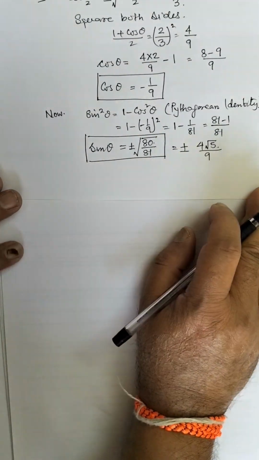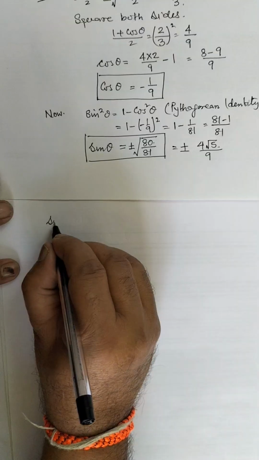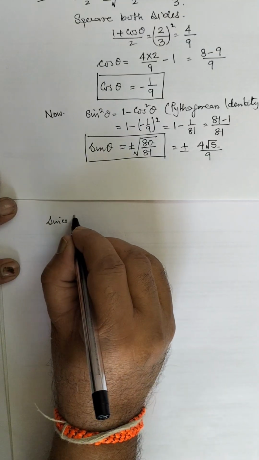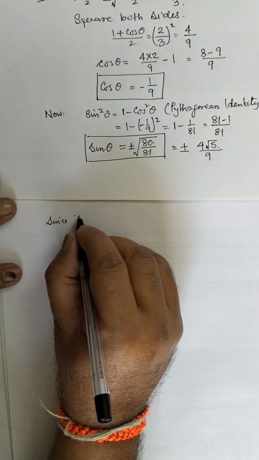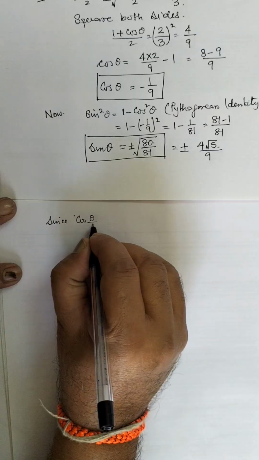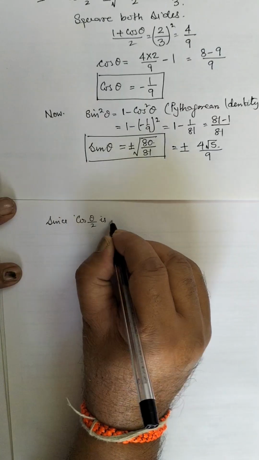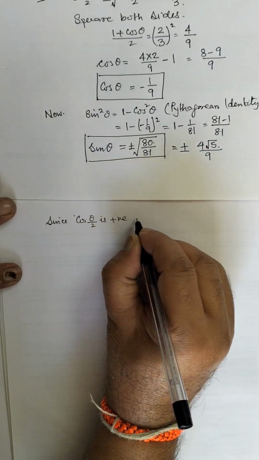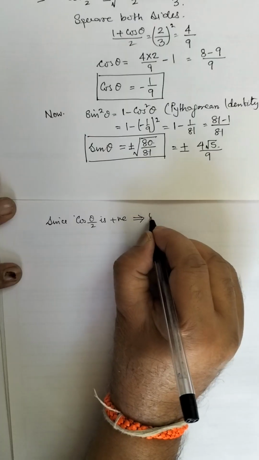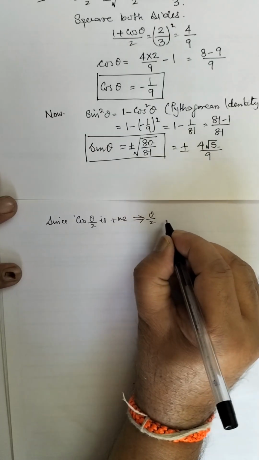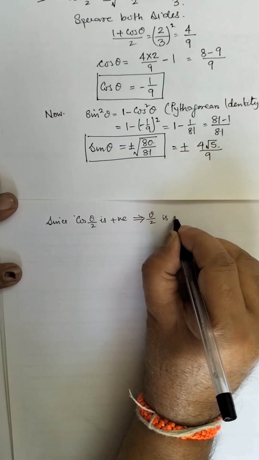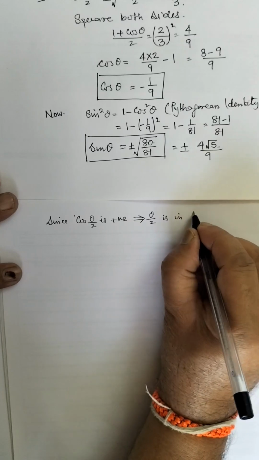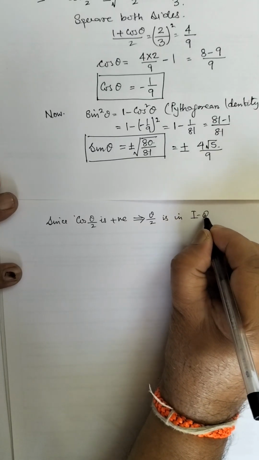Now, an important point to be noted is that since cos theta by 2 is positive, it implies that theta by 2 is in first quadrant.